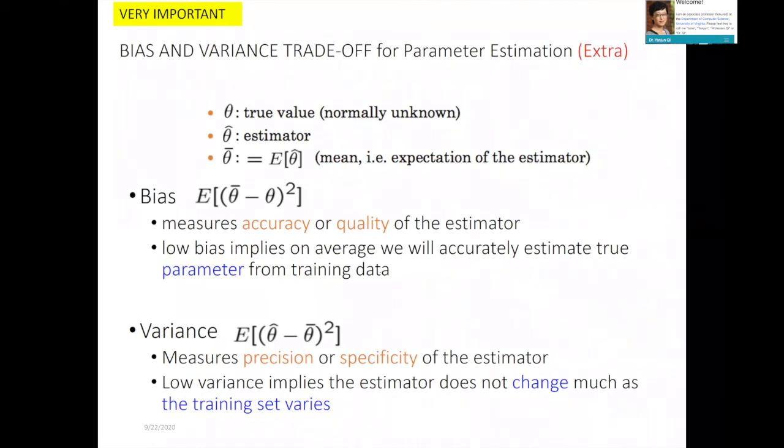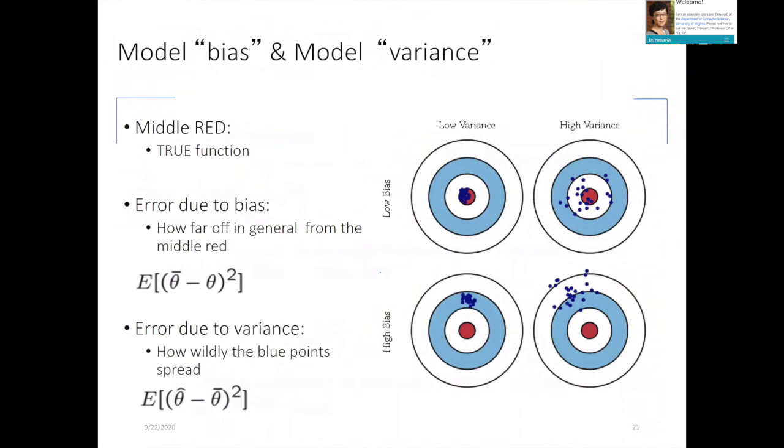All right, so let's see what it even means. This is the best figure I normally use to understand the bias-variance trade-off. Here, the theta truth is the middle red dot. For different training data, you get a different theta hat, a different blue dot.